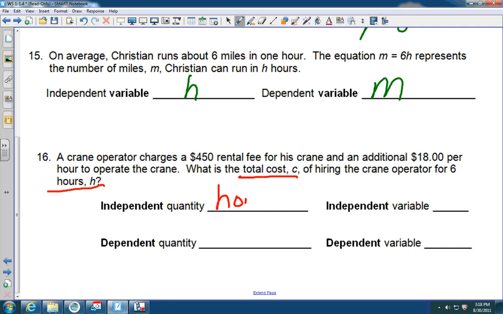Quantity means to write it in words. Independent variable, the variable is the H. Just saying what variable do we use for hours? Next we have dependent quantity. Dependent right here is total cost. So quantity, we're going to write total cost. The variable we use is C.